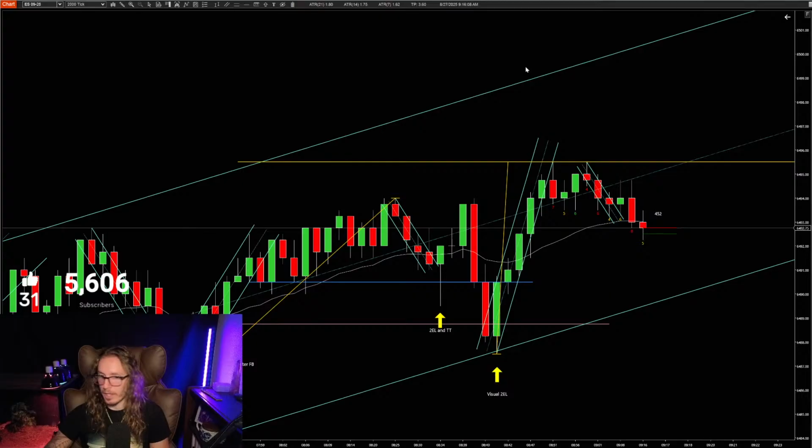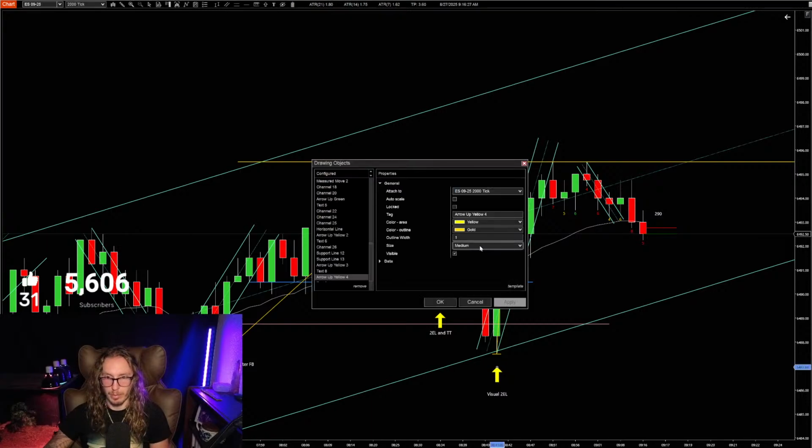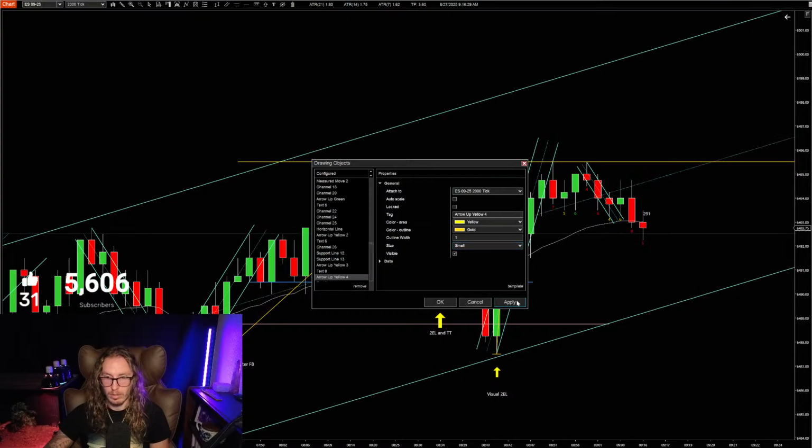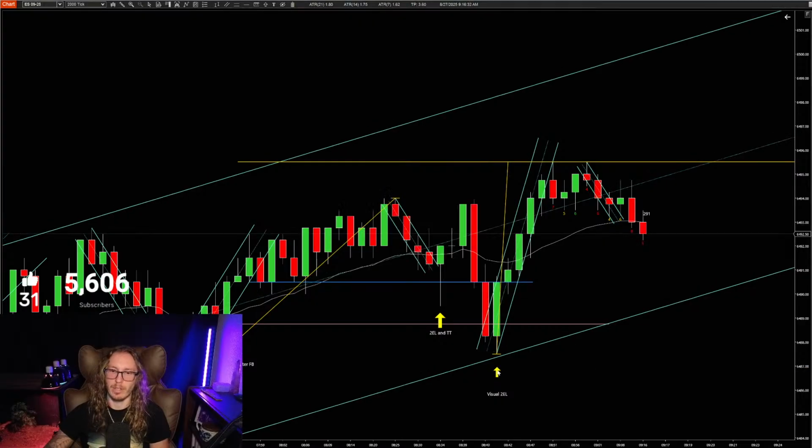Yeah, I did. I made the arrows bigger. I thought it would be nice to have them be bigger. I don't know if that's helpful for everyone or not, but I just thought it looked better. Here, I'll show you what it looks like if we make it smaller. Oh, it moved my trend line on me.